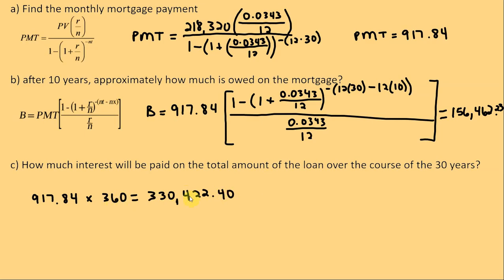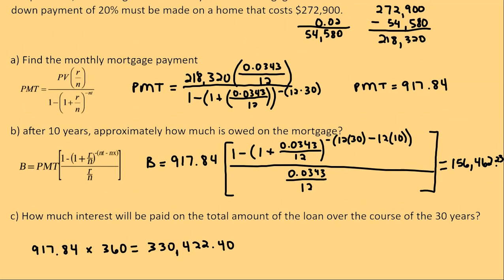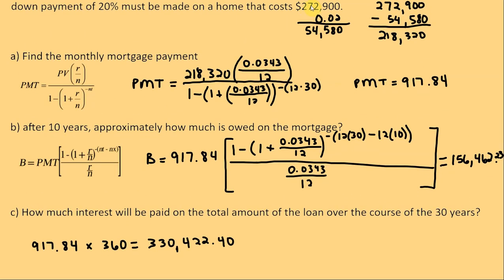Now, that's how much you paid total over the course of 30 years. To find out how much interest was paid, we want to subtract the amount that we took the loan out for, which was the $218,320, not the original cost of the home, because remember we paid 20% up front.